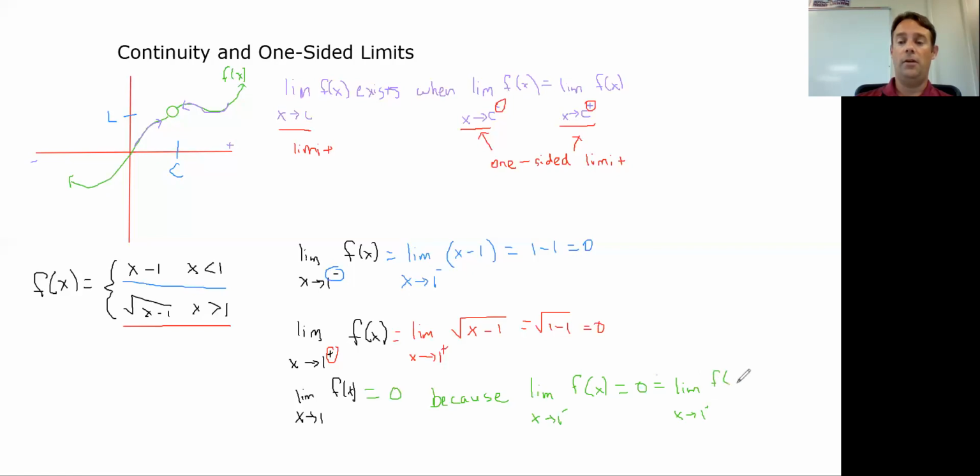So again, yes, I can get the answer and I can say it's 0, but I have to supply the reason behind why I believe my answer is what it is.